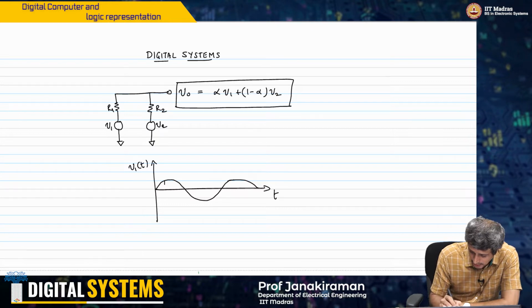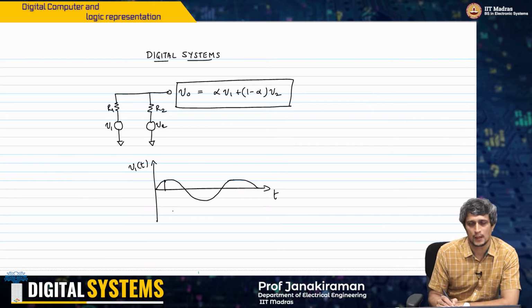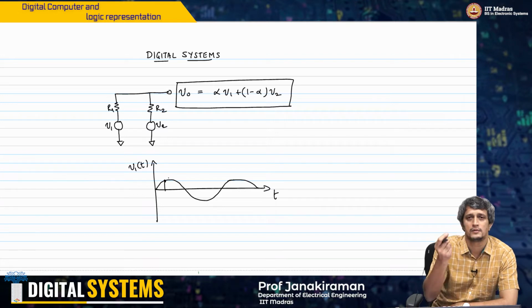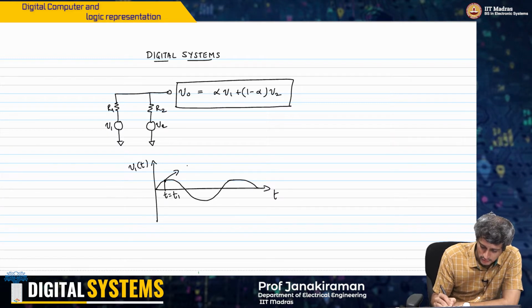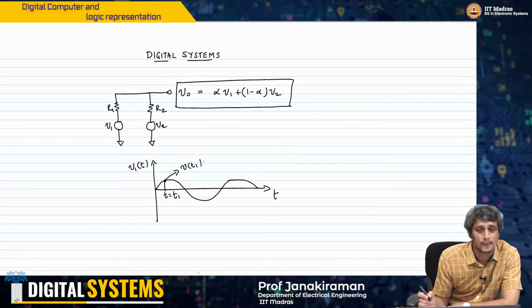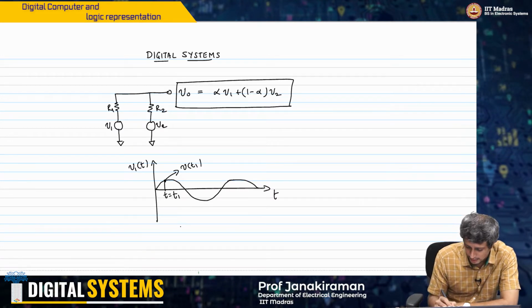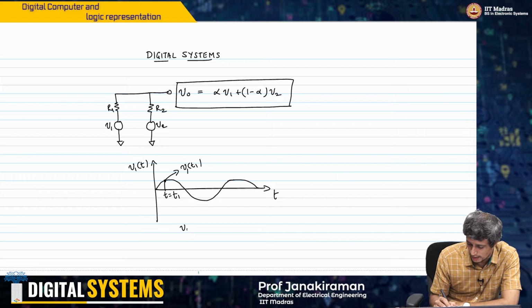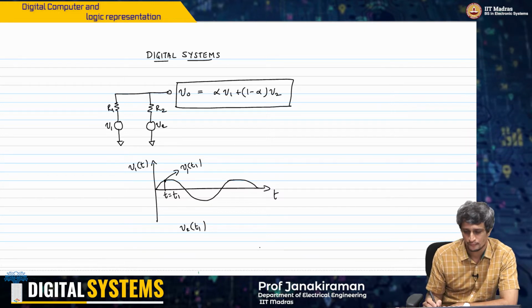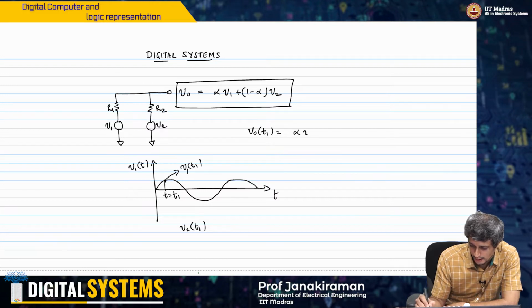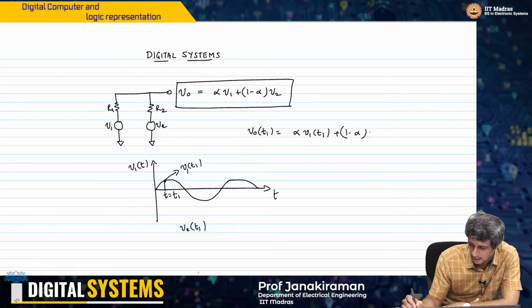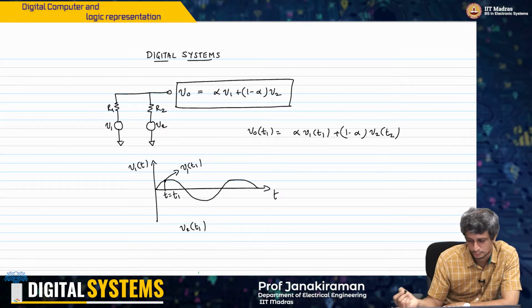You take any time instant t equal to t1, and you have V1 of t1 and V2 of t1. Then V naught of t1 is equal to alpha times V1 of t1 plus 1 minus alpha times V2 of t1.